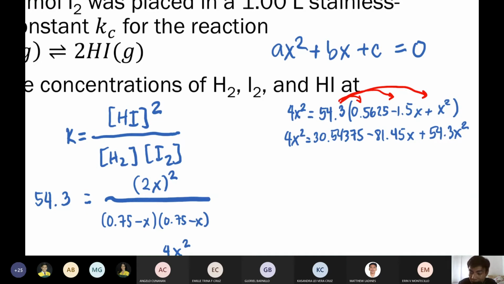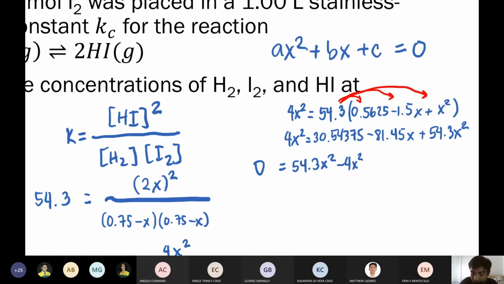Okay? So that means itong 4x square ko na to, lipat ko siya sa other side. So I will get 0. Yung x square muna susulat ko. 54.3 x square. Then since yung 4x square lilipat ko sa right side, magiging negative sign yon.